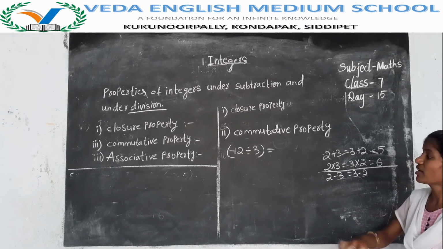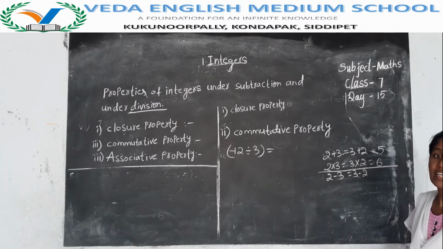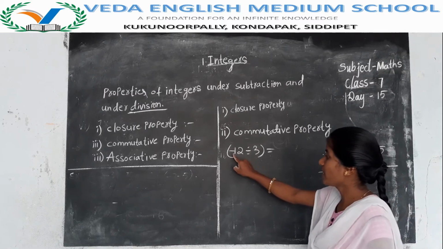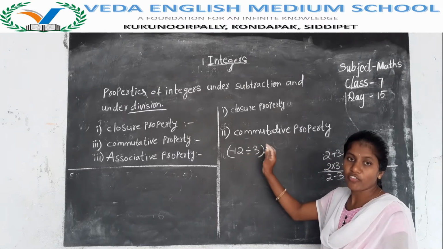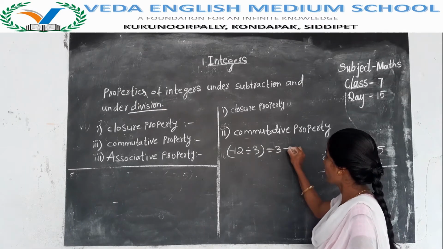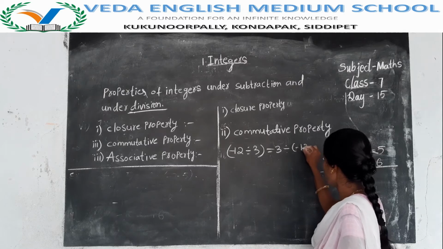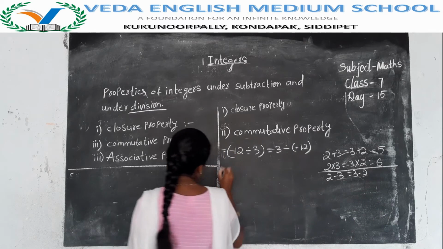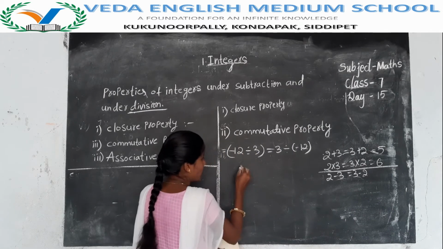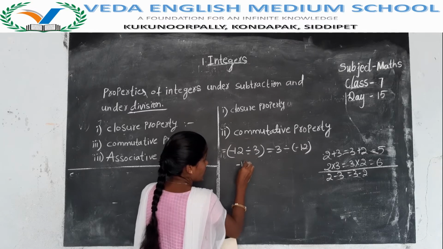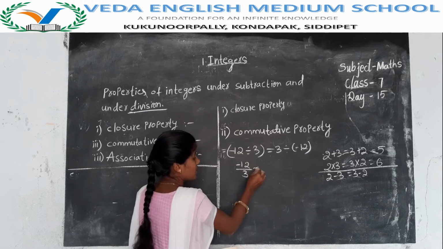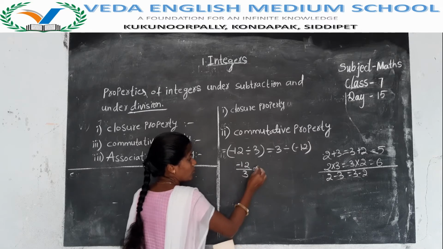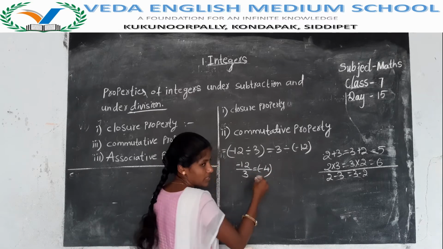Now we are checking for commutative property under division. I have taken here minus 12 divided by minus 3. Then change the order of those numbers. That means 3 divided by minus 12. Now check here. Minus 12 by 3: 3 ones are 3, 3 fours are 12. Here we are getting minus 4 as the answer.